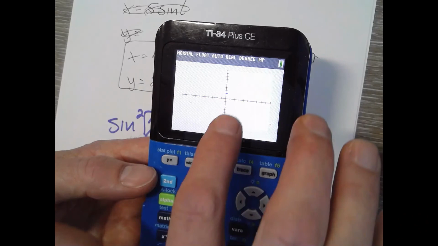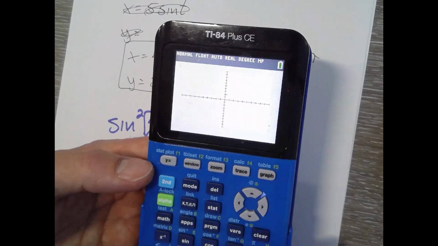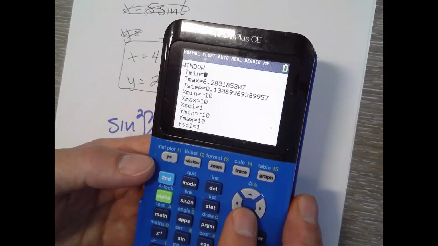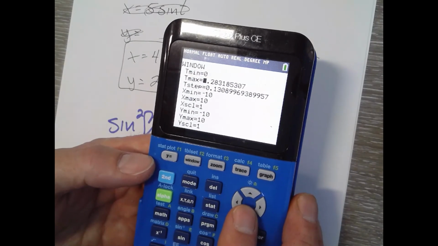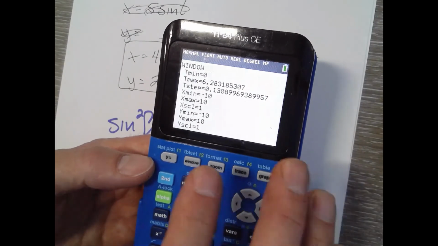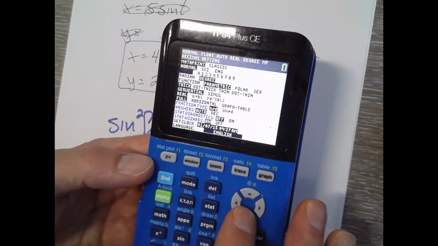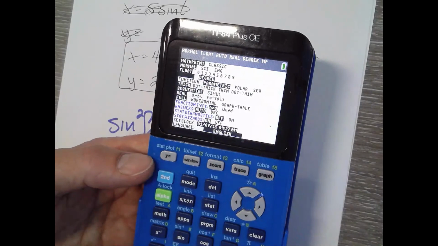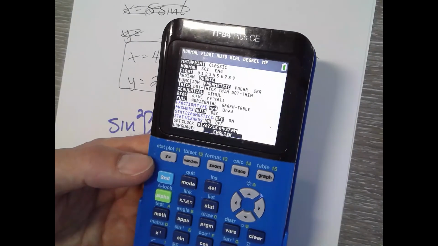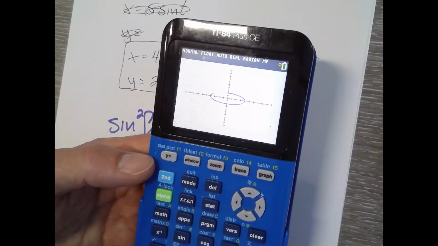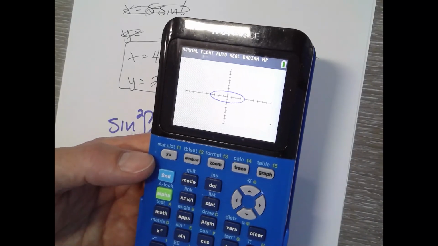No. Well, all right, so I'm in degrees. Shame on me. I'm going to go to radians and try that again. How embarrassing. Isn't that gorgeous?